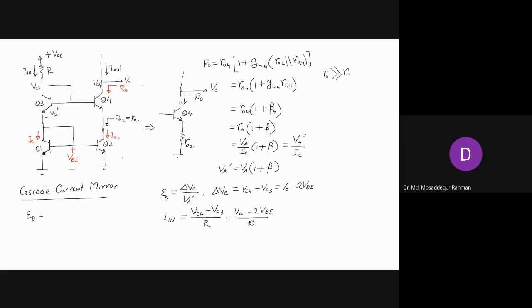So if you want to determine the error due to finite beta, you have to do some analysis here. You have to find the currents. Let's say this is IB3, this is IB4, and then here you have 2 IB, one going here, the other going here. So the current here is IB3 plus IB4.